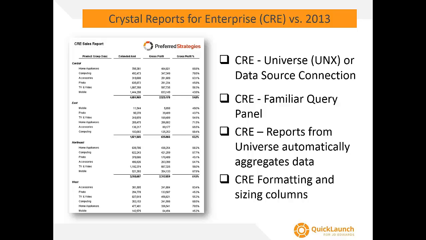With 4.x, SAP had come out with this new Crystal for Enterprise. Before this existed, SAP attempted to connect the traditional Crystal to a universe, and it failed miserably. So they designed a whole new Crystal client with that focus in mind of being able to build a Crystal report off of a universe. And that's really what Crystal Reports for Enterprise is.